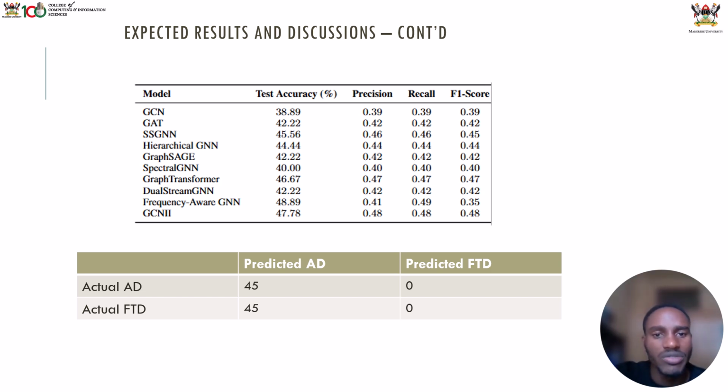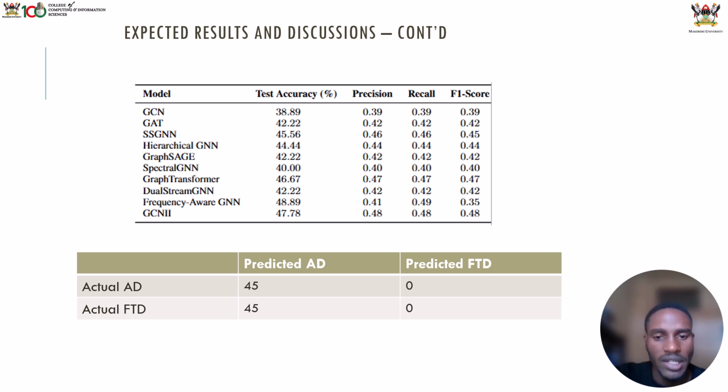So then here we have just a summary of the results from each of the models. We have the test accuracy, the precision, the recall, and the F1 score. So this goes through every single one of the models that I previously showed. Then here we have a table showing the confusion matrix for the model that we chose, which is the frequency aware GNN, and it illustrates a bias for the predicted AD.